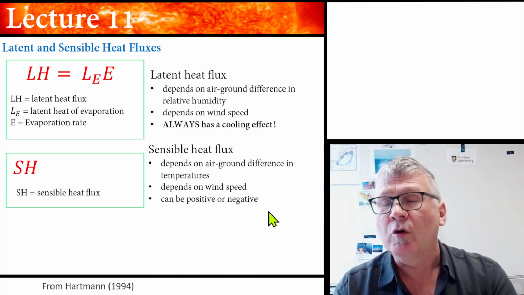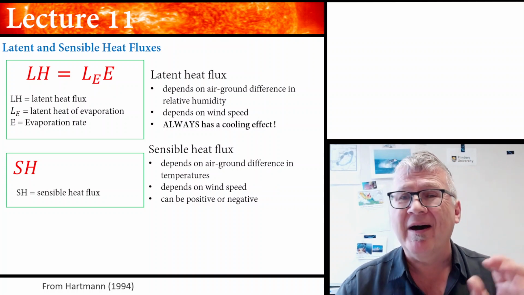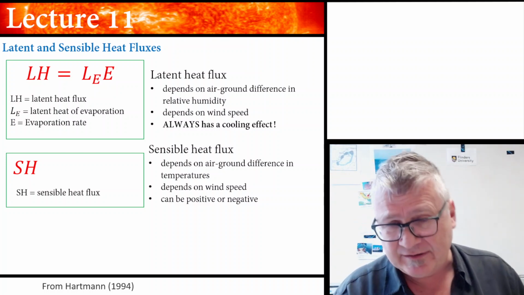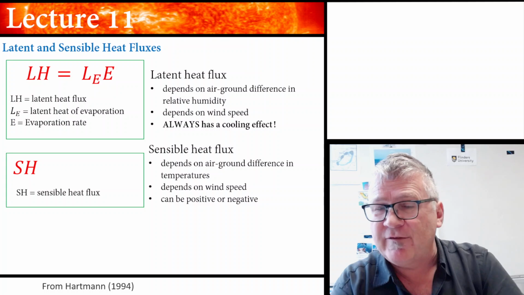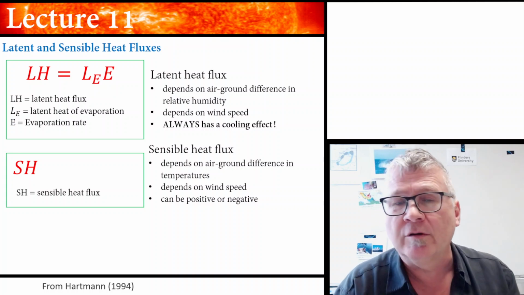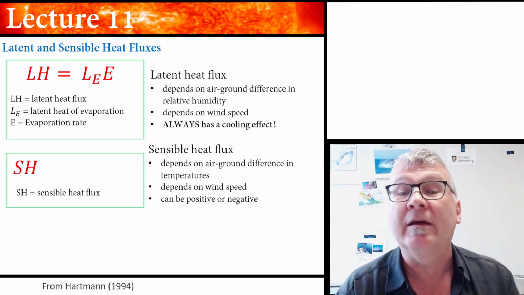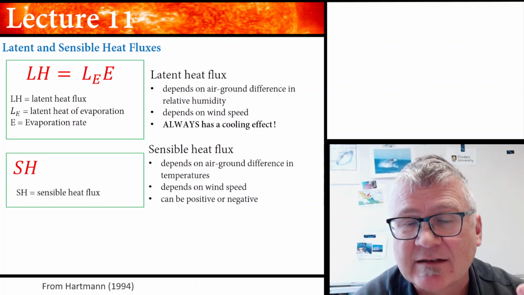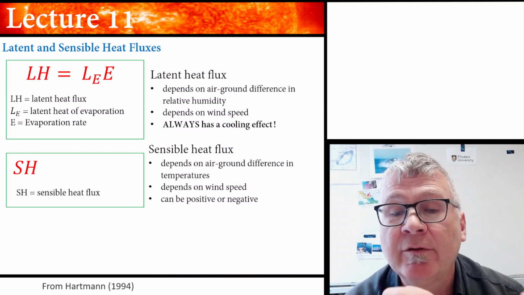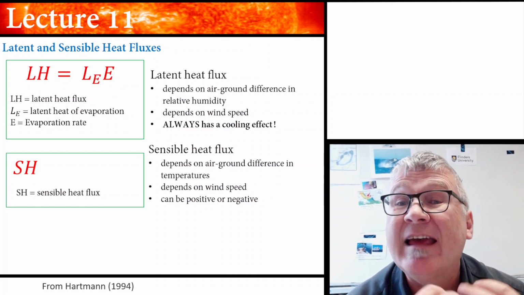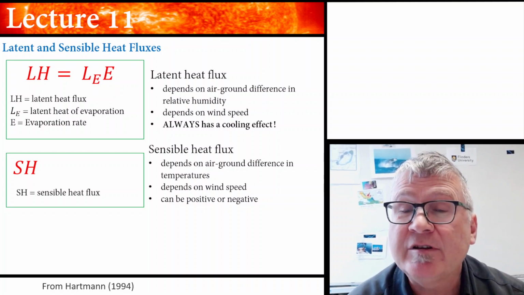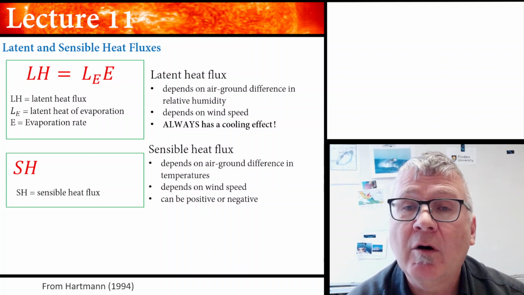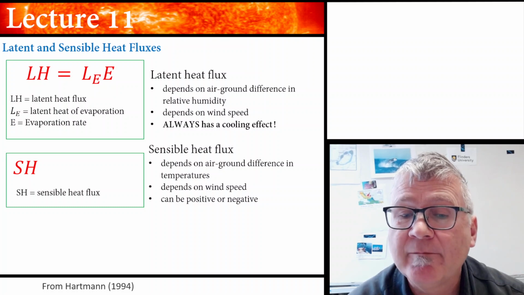This is what you notice if you're sweaty on your bike and you are riding down the hill and you have that relative wind effect, a wind chill effect. It feels cold on your skin, and this is the cooling effect. The other feature is the sensible heat flux, which depends on the air-ground difference in temperatures. Is the ground warmer or cooler than the air above?